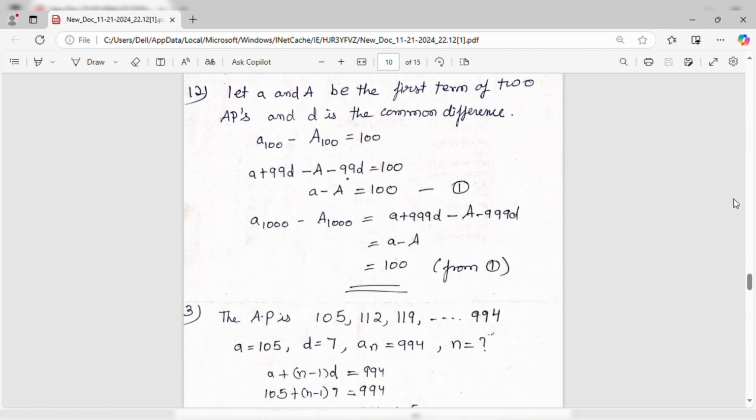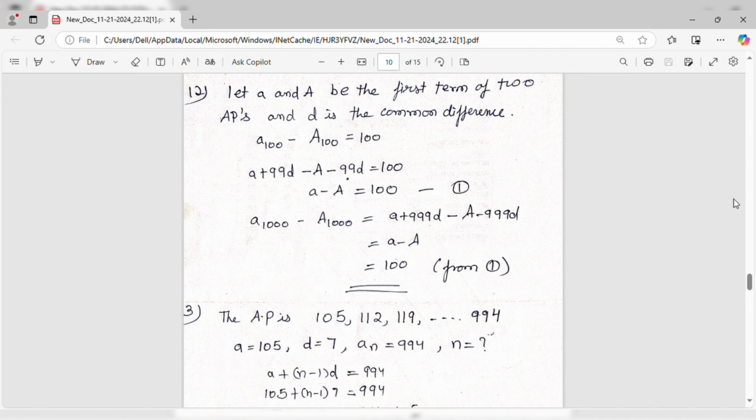Question number 12. Two APs have the same common difference, and the difference between their 100th terms is 100. So what is the difference between their 1000th terms? We will take small a and capital A as the first terms of the two APs and d as the common difference. And A100 minus a100 is 100, meaning the difference between the 100th terms of both APs is 100.